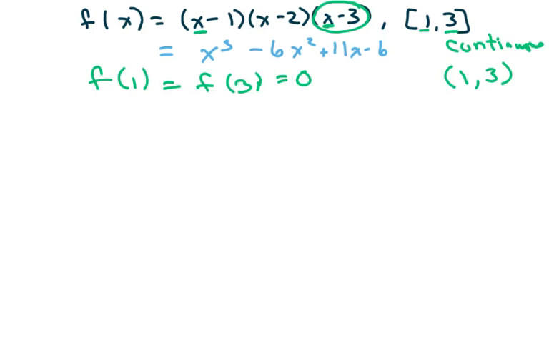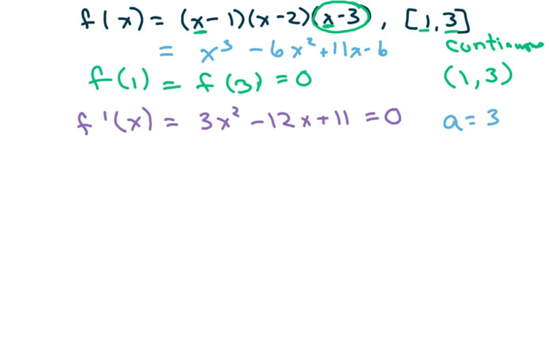And then, since that's the case, we're going to take the derivative of f, which gives us 3x squared minus 12x plus 11. And we set this to 0 and try to factor it, which we can't. So I'm going to use the quadratic formula and plug this in.